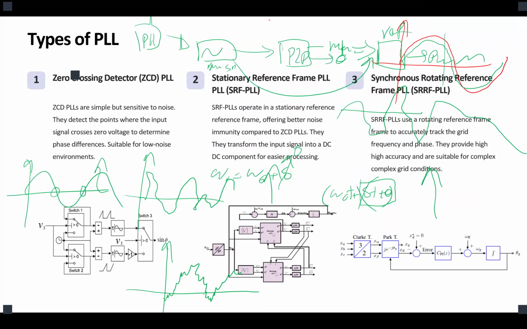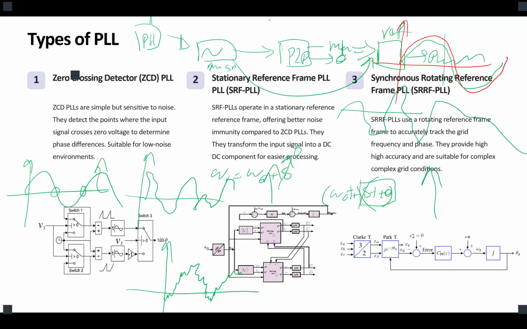Because of the harmonics, there is some variation. It makes it cross the zero line more than it should. So the zero crossing is very sensitive to harmonics and noise, because it just simply counts how many times you cross zero. If you have noise, that means you count the noise too. Are we good? So very simple.